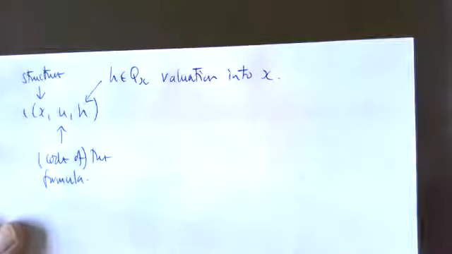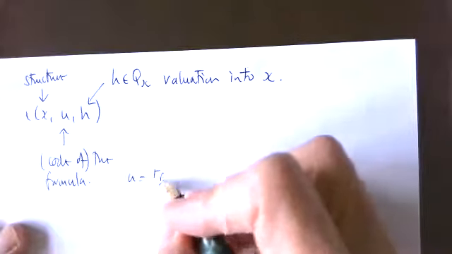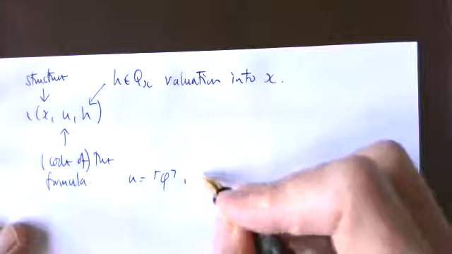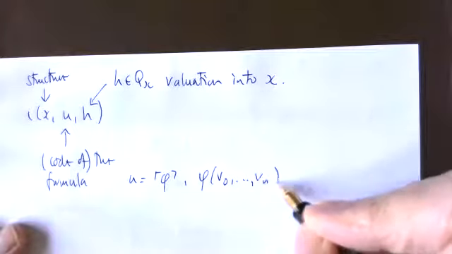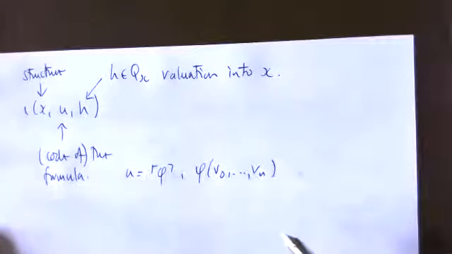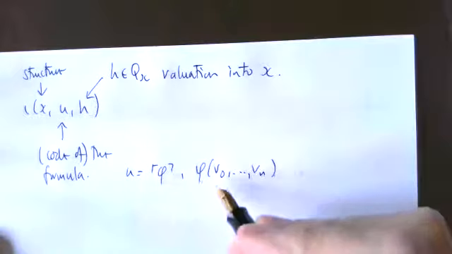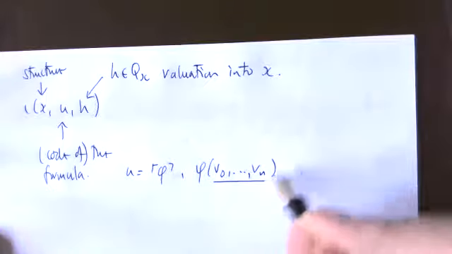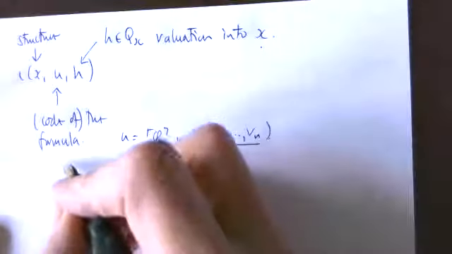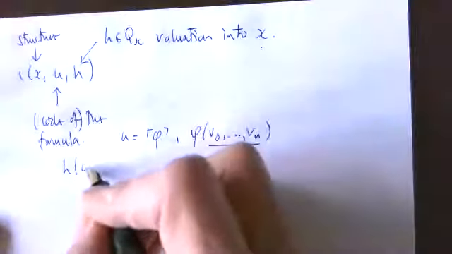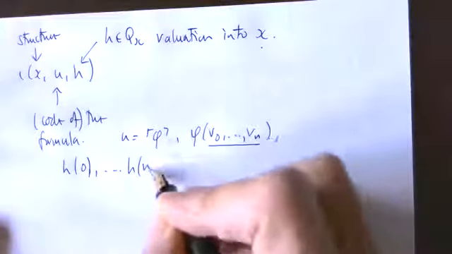So the idea is that maybe I've got this, that U is the code of some formula phi, and phi has got free variables V0 up to Vn. So the phrase I was using was that H, the valuation, we use to interpret the free variables in the structure X. So H of 0 up to H of n, right?